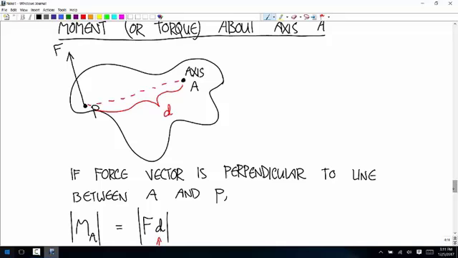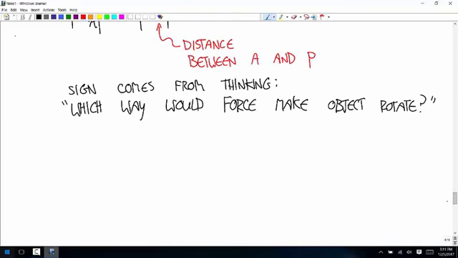So once you knew the magnitude from multiplying F and D, this would be negative.